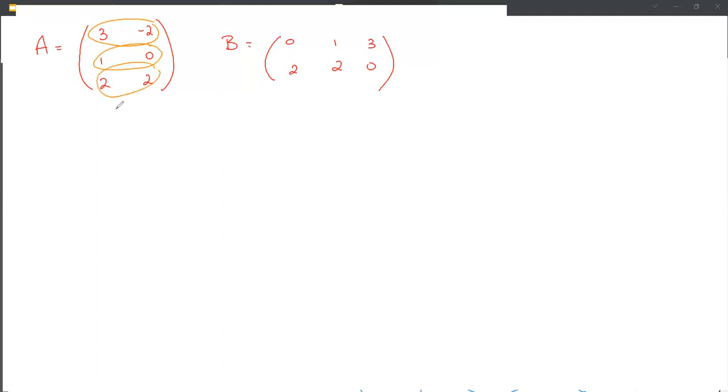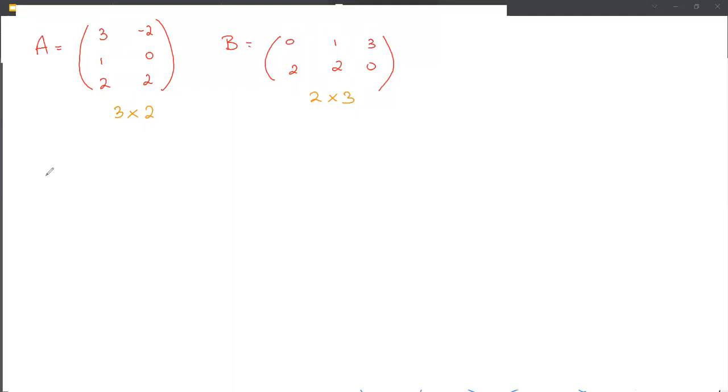So this is a 3 by 2 matrix. This one, they gave us 2 rows and 3 columns. So this one is a 2 by 3 matrix. So they are not the same. One is a 3 by 2, the other is a 2 by 3.